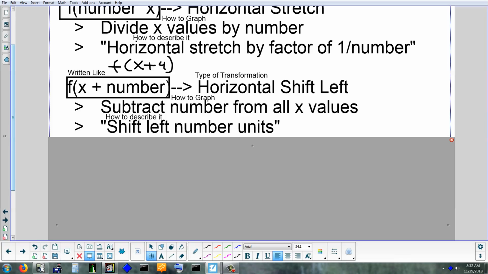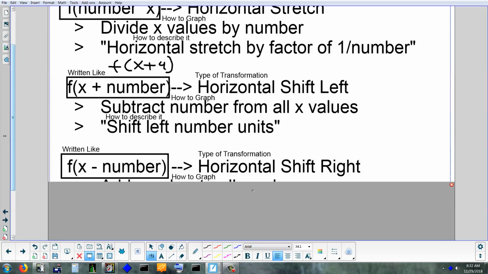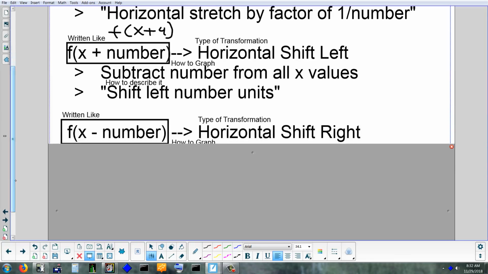Shift it. Well, that's left. We got that one. It's going to shift it right. So x minus a number shifts it right. Again, kind of the opposite of what you would think. Negative numbers go to the left, but just remember this. So that would be like f of x minus 4. That's a shift right 4 units.